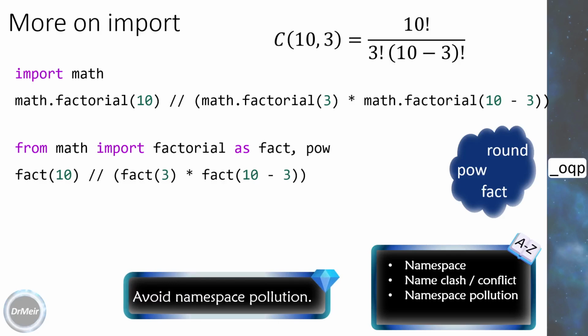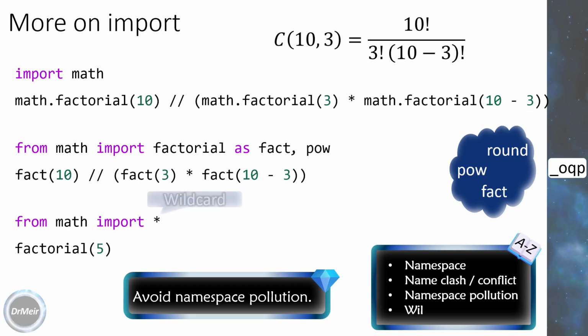This is why the next option is suitable only for quick experimentation, not for production code. Namely, you can include all the names defined in a module into the current namespace using the wildcard notation. A wildcard is a pattern that can match more than one thing.